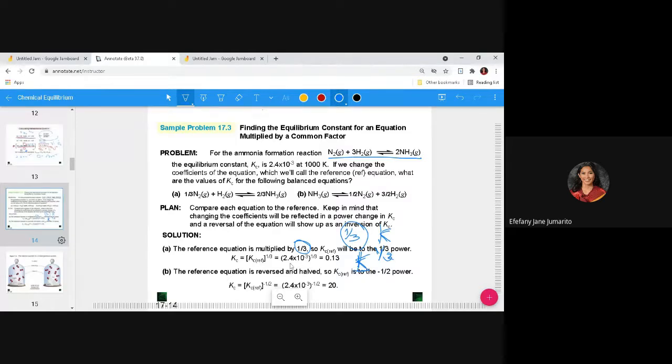Since the K reference is given, which is 2.4 times 10 to the negative 3, that is raised to 1/3. Then letter B, which is 2.4 times 10 to the negative 3 with a factor of negative 1/2. The reference is 1/2.